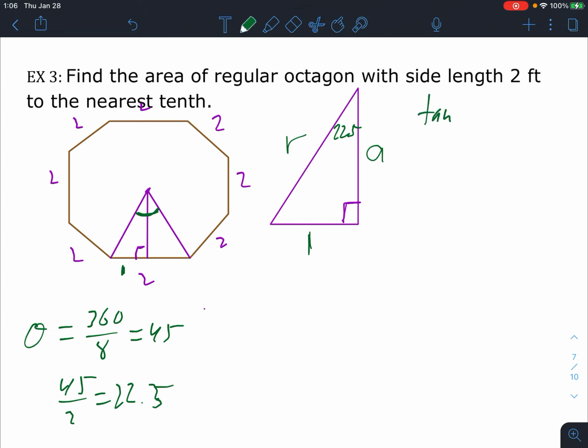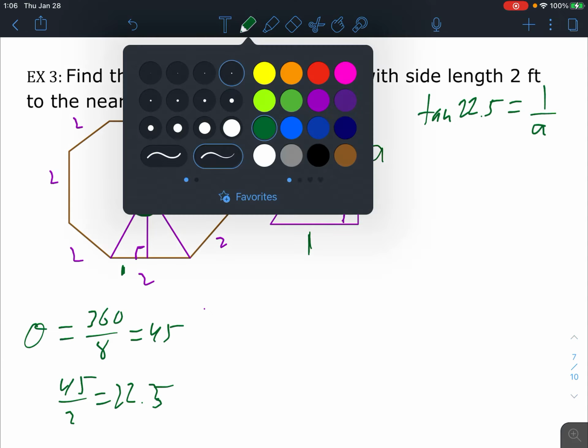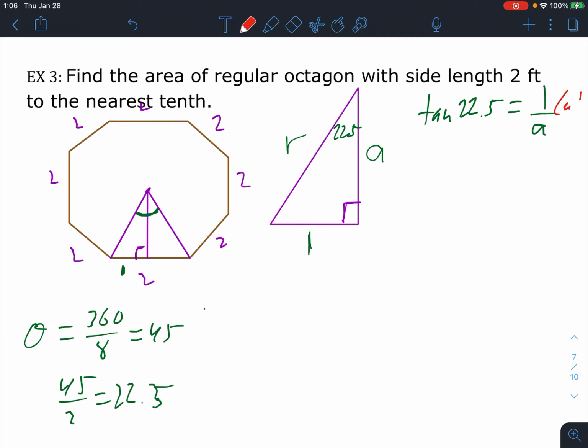So now I can do tangent of 22.5 equals opposite over adjacent. If I multiply both sides by a, I get a tangent 22.5 equals 1, and dividing by tangent 22.5, I get a equals 1 over tangent 22.5.